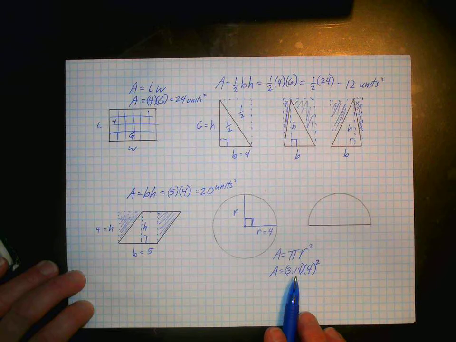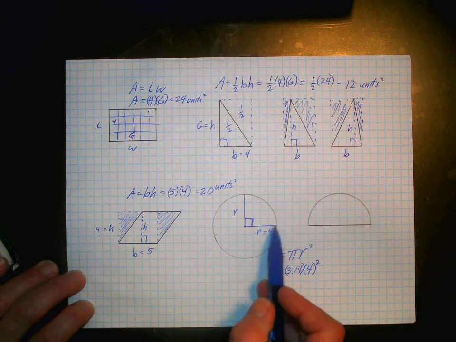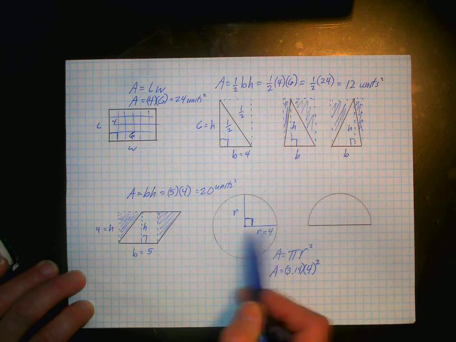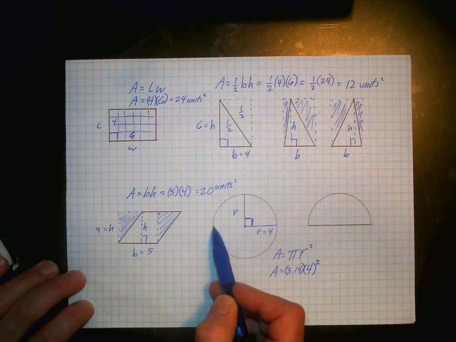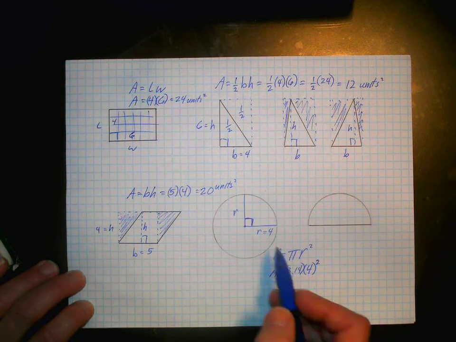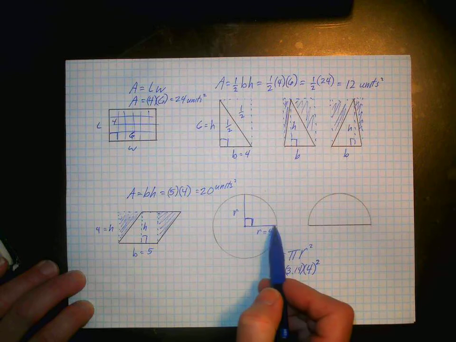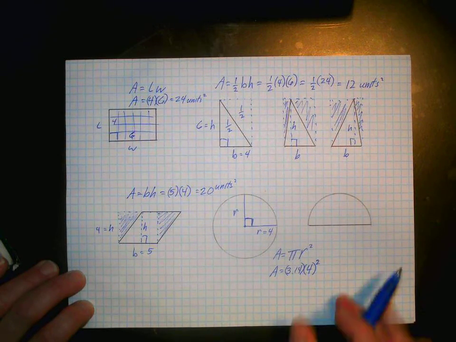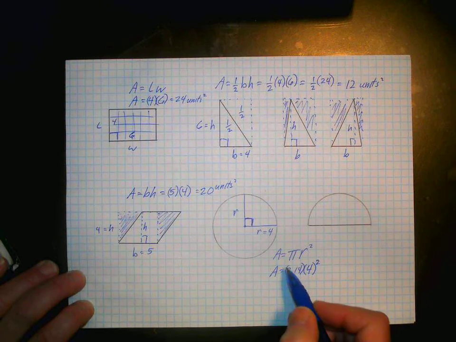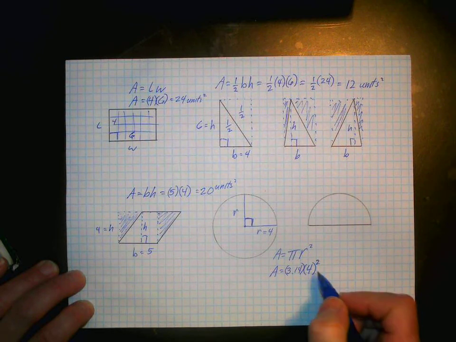Pi never gets squared. We never square pi. Pi is the relationship between the length of this line and how far it goes around the circle halfway. It's also the relationship for the diameter to be wrapped around the circle. It never is squared. So we always square the radius.